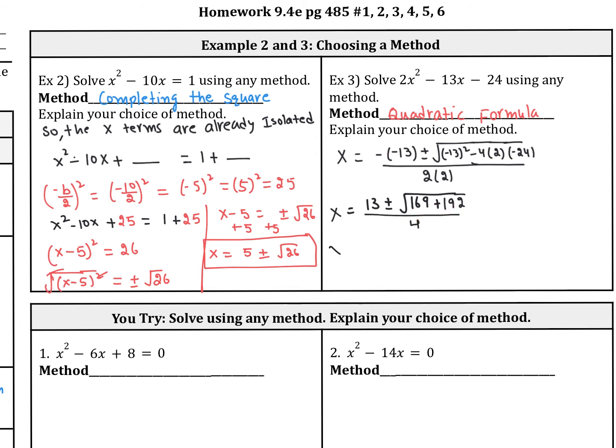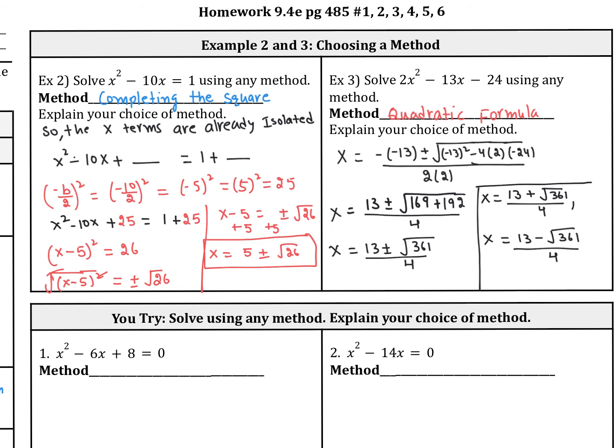So what you got here is x equals 13 plus or minus square root of 361 divided by 4, and you got two answers. One is x equals 13 plus square root 361 over 4, comma x equals 13 minus square root 361 over 4.